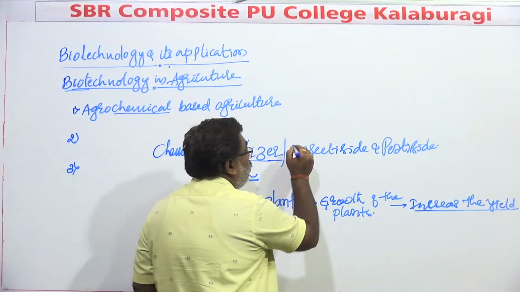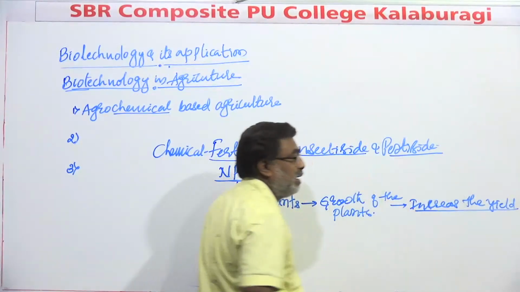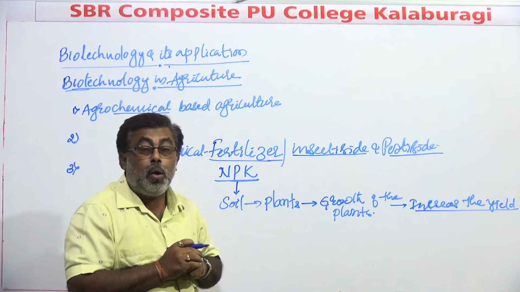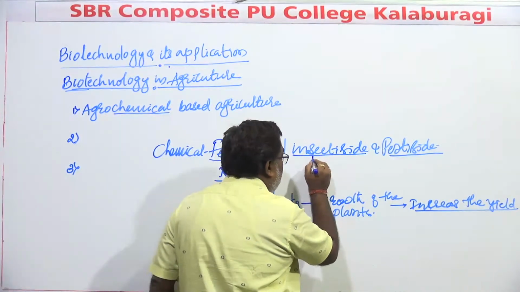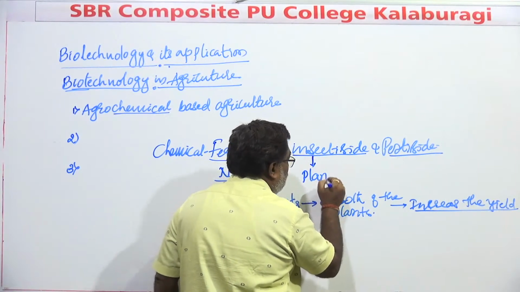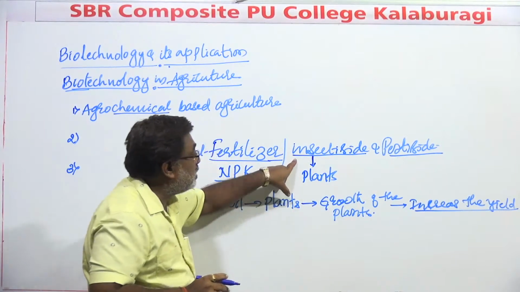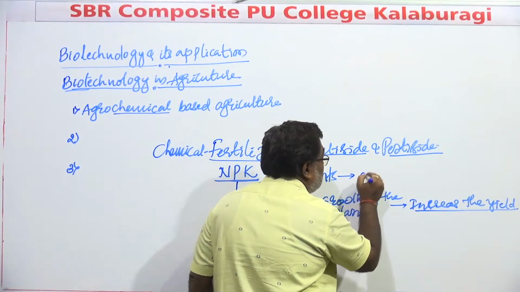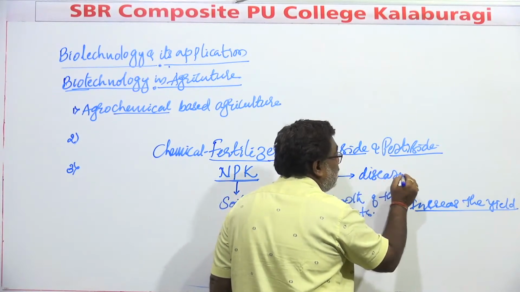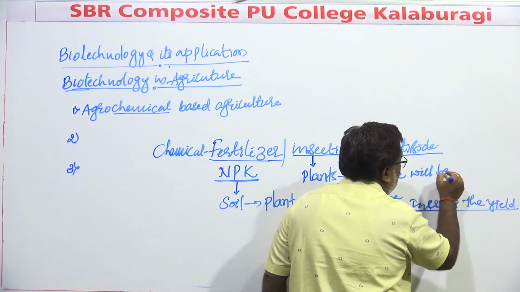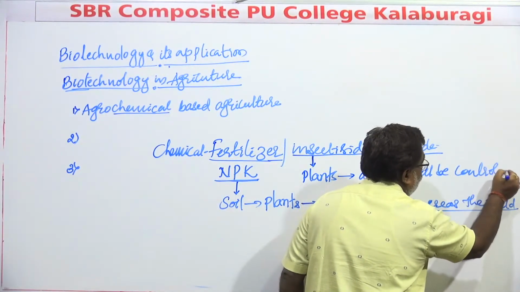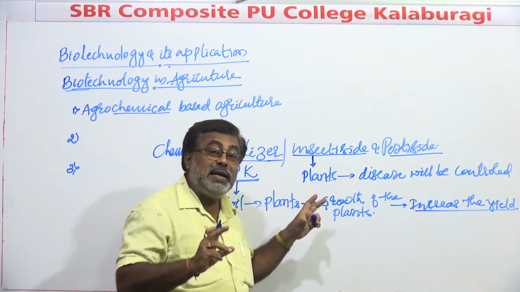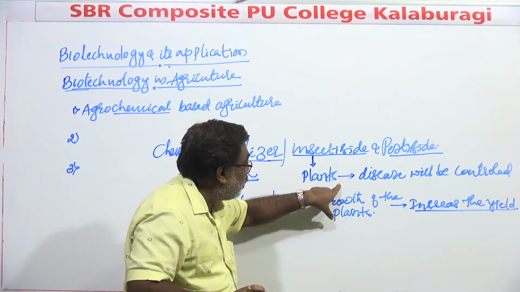Okay, by using insecticides and pesticides, what happens to the plants? The disease will be controlled by using the insecticides and pesticides applied to the plant.